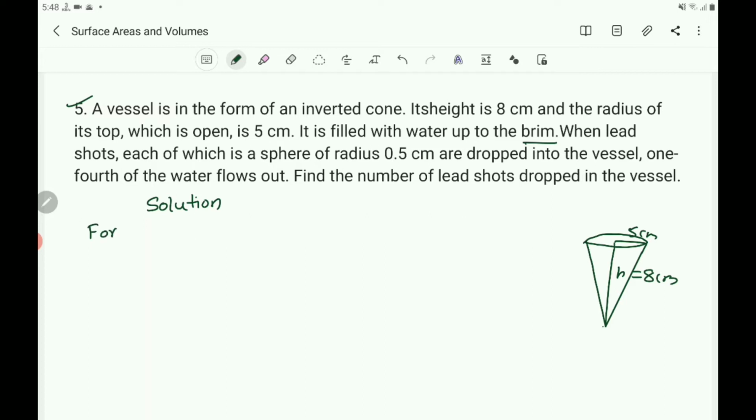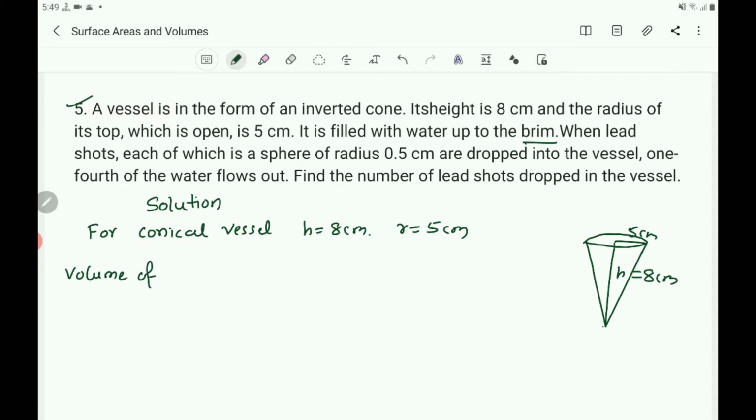Write for the conical vessel, which is in the inverted form: height equals 8 cm and radius r equals 5 cm. You find the volume of the water, that is equal to the volume of the vessel which is in the form of an inverted cone.